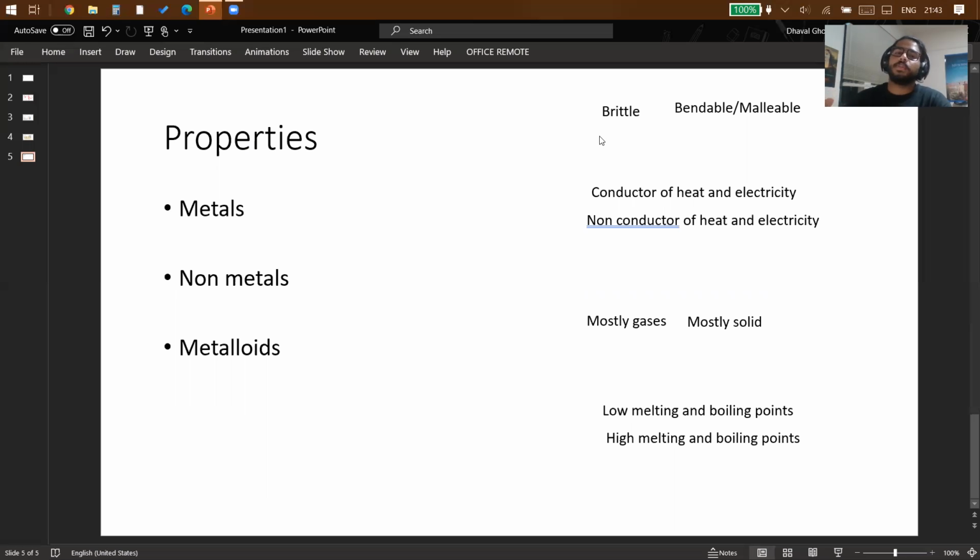And so my question for you is, can you help me sort the properties on the right side into the right category on the left side? So pause the video, think over it, write it down. I made it easy for you by giving you the options so you can put them down instead of memorizing them. So for the exercise, actually pause the video and do it, and then replay the video once you're done to check your answers.